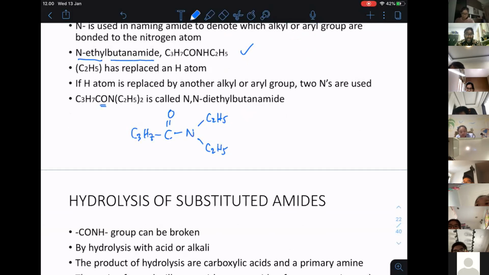Because this nitrogen is bonded to ethyl, and then there is another ethyl, it's going to be N,N-diethyl. We know this is amide. So how many carbons? One and then another three, so four. So butanamide.